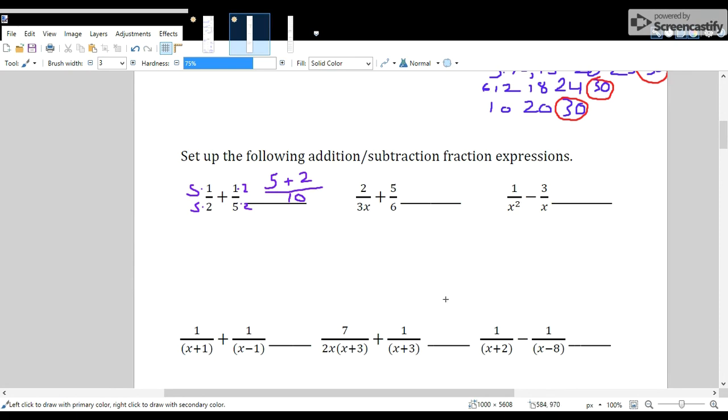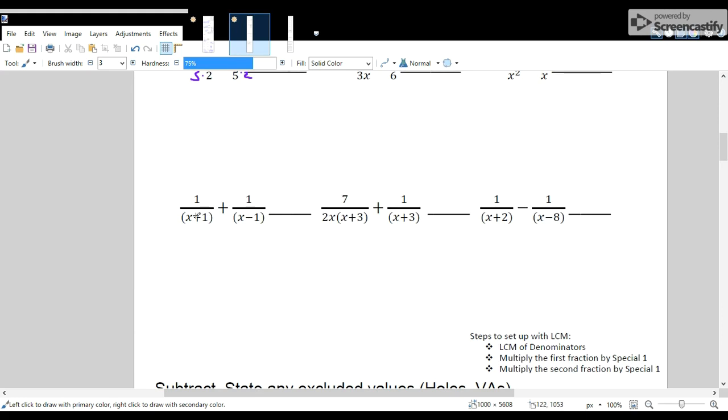Let's look at this one right here. X plus 1 and x minus 1. You'll multiply these by x minus 1, and the other one's by x plus 1. And for these, let's always just leave the denominator factored out, so we don't need to box or FOIL this.